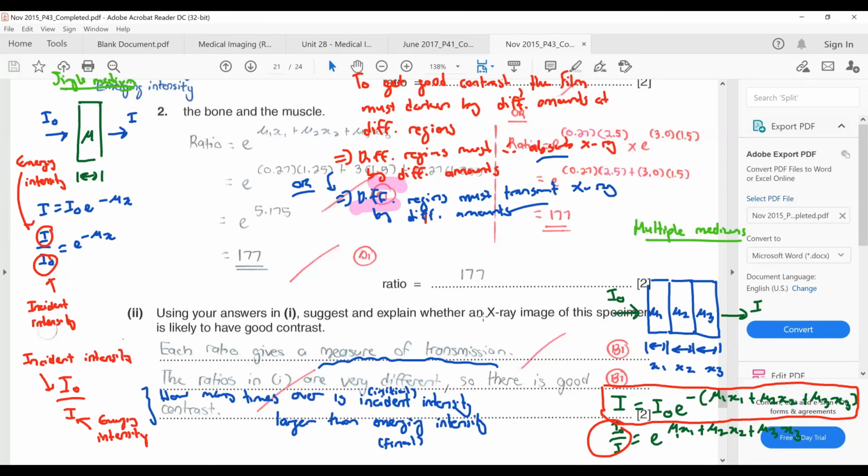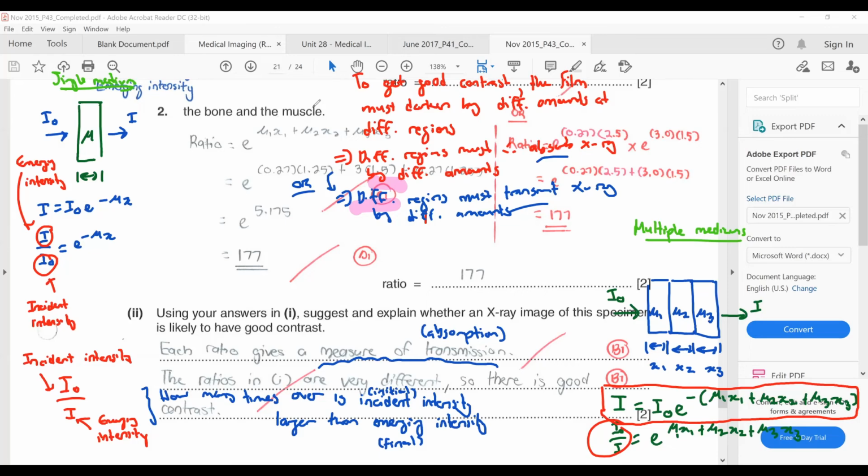It's just a matter of your point of view. Do you want to view it in terms of the amount absorbed or the amount transmitted? If it helps you understand, you can also say that each ratio is a measure of absorption. The ratios are very different, so there is going to be good contrast.